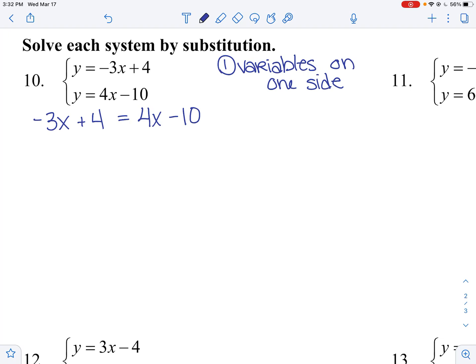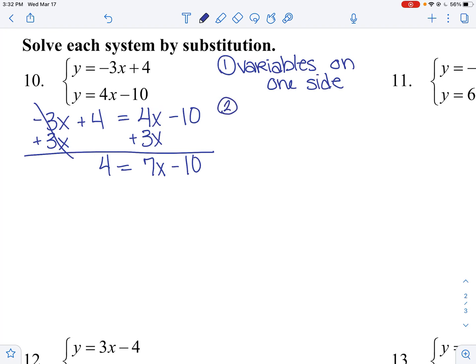So here, instead of negative 3x, I'm going to add this 3x over to this 4x. So then I have all my x's in one spot. So negative 3 plus 3 is 0, but 4x plus 3x is 7x. So now this says 4 equals 7x minus 10.